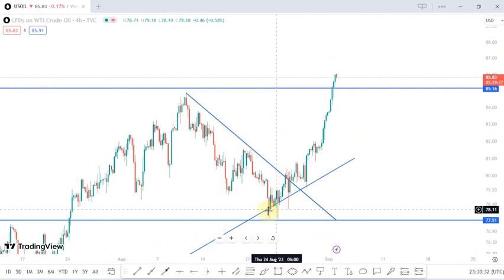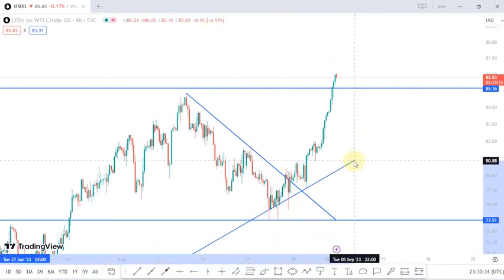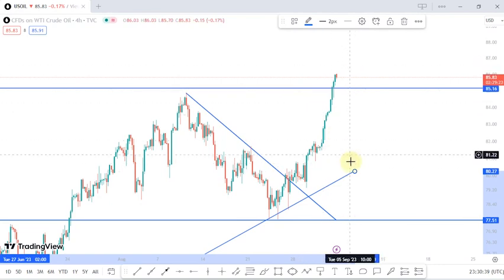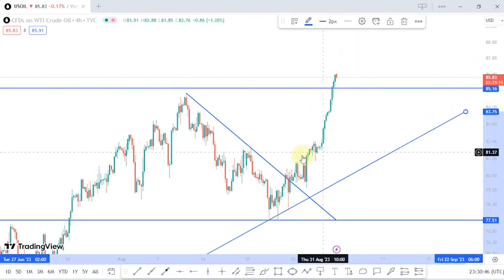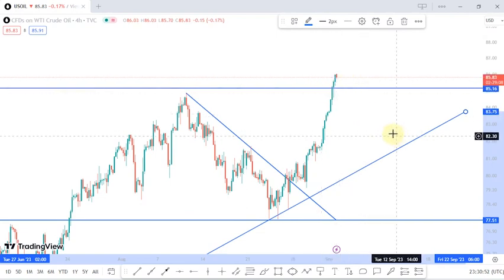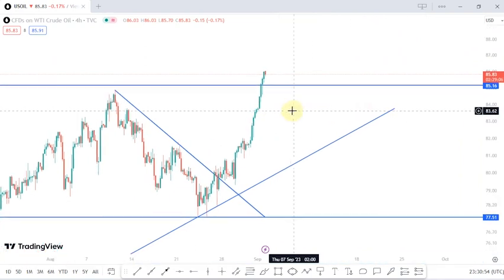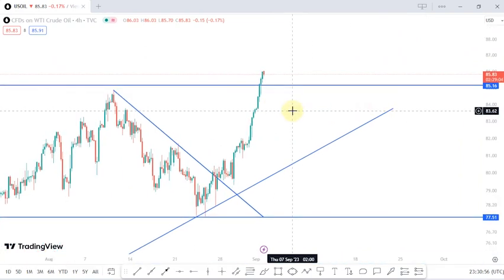You see that price bounced off the trend line and is heading up, but this is too steep, so I expect price to retrace a great deal before continuing in the up direction. Can we take another pair?